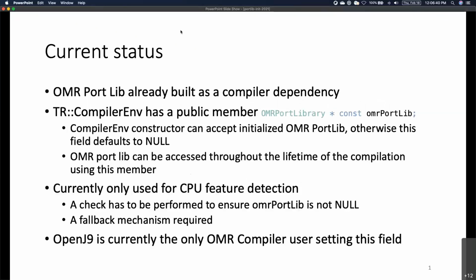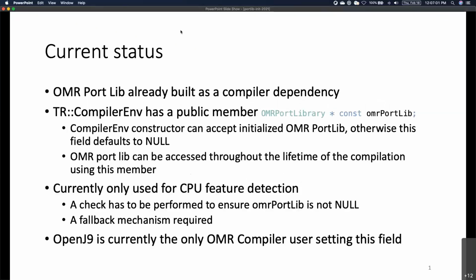So as it stands, the OMR port library is already built as a compiler dependency, which was done a while ago. However, the work to actually make use of the port library was halted.